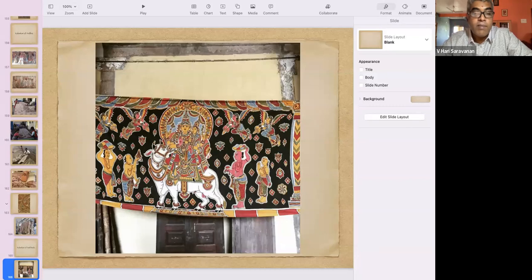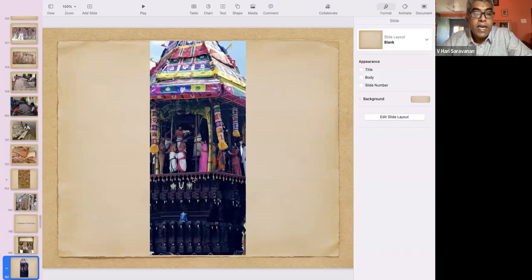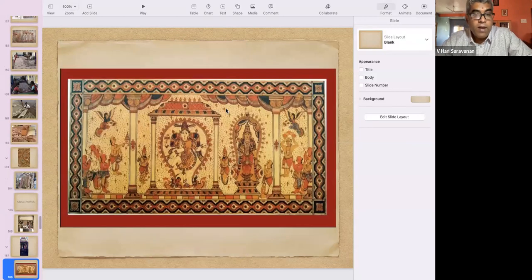And another important element is during the chariot festivals as a decoration for chariots in Tamil Nadu. Here is one of the recent chariot festivals where you got these decorations being done. And these cylindrical hangings are very popular, where people buy smaller versions of it and place it in their home.